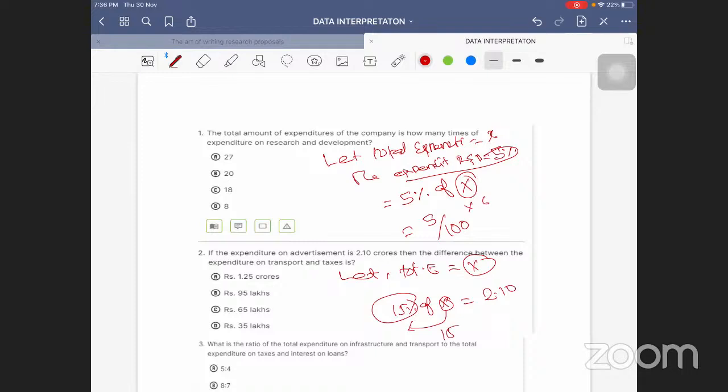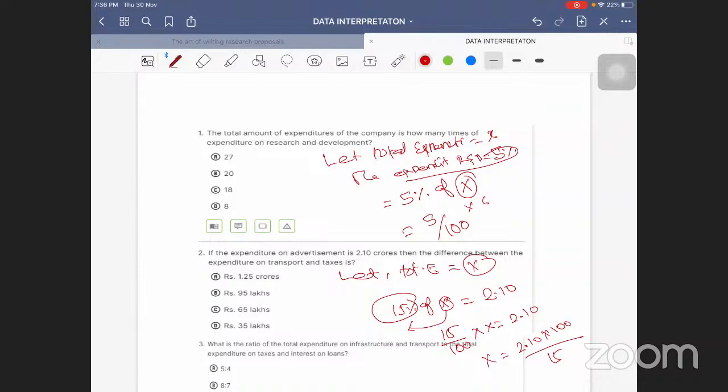So 15 divided by 100 into X is equal to 2.10, and X is equal to 2.10 into 100 divided by 15. Since 15 is multiplied, after the equal sign it will directly divide.